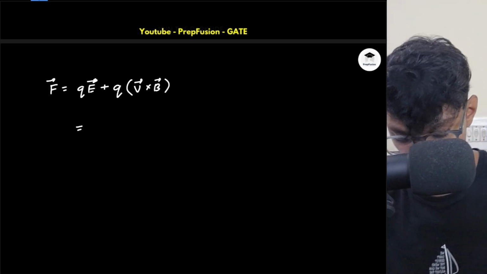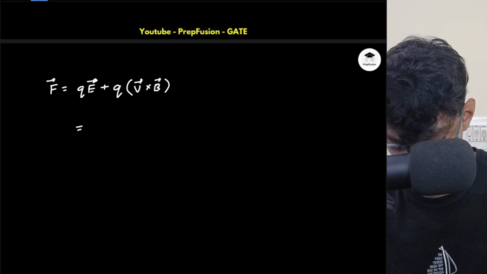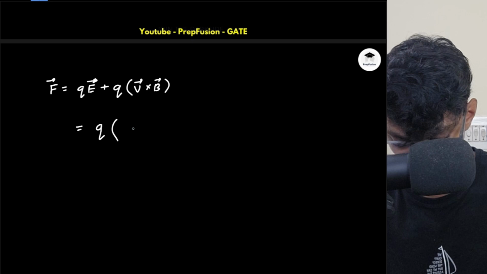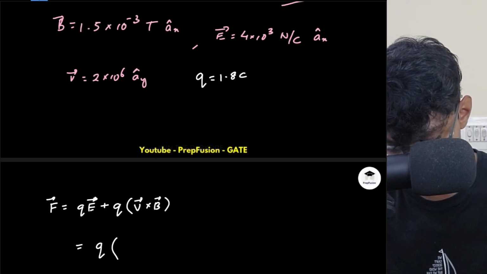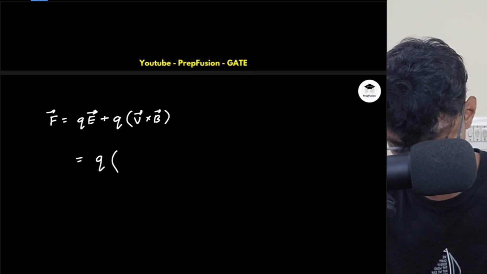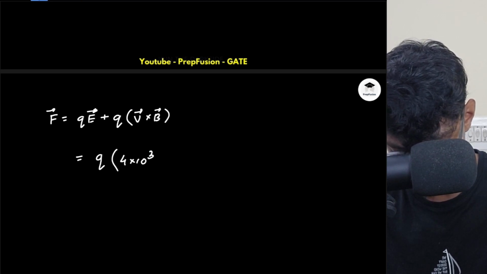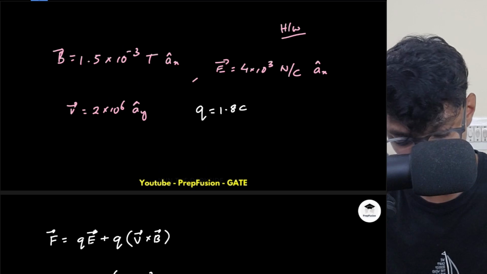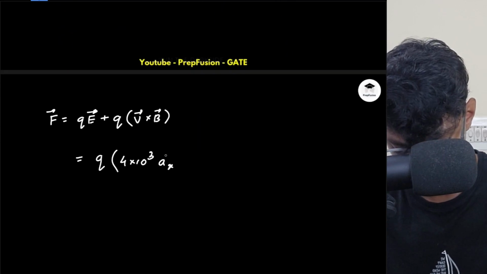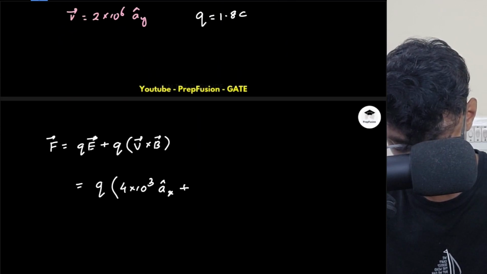So basically Q I can take common. E is 4 into 10 raised to power 3, plus, and I have to obviously write down the direction. Direction is in the direction of the electric field, that is ax cap, plus V cross B.